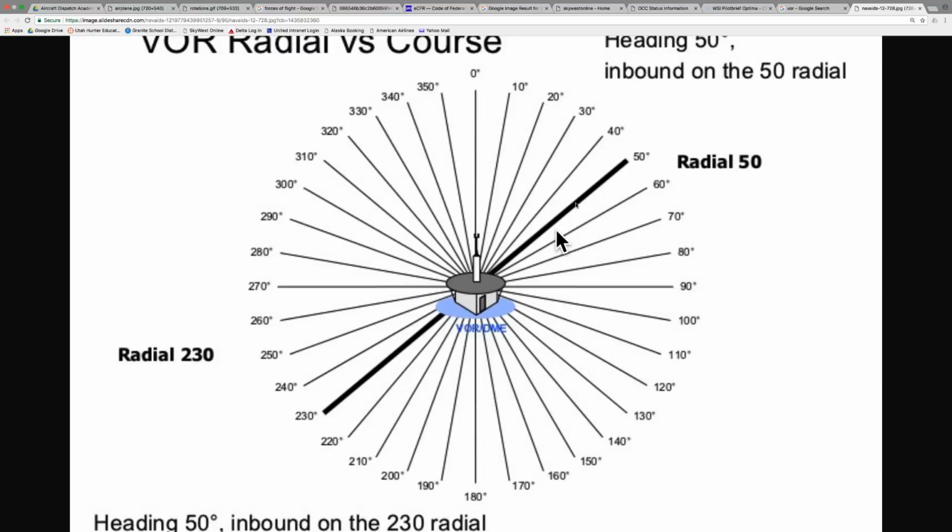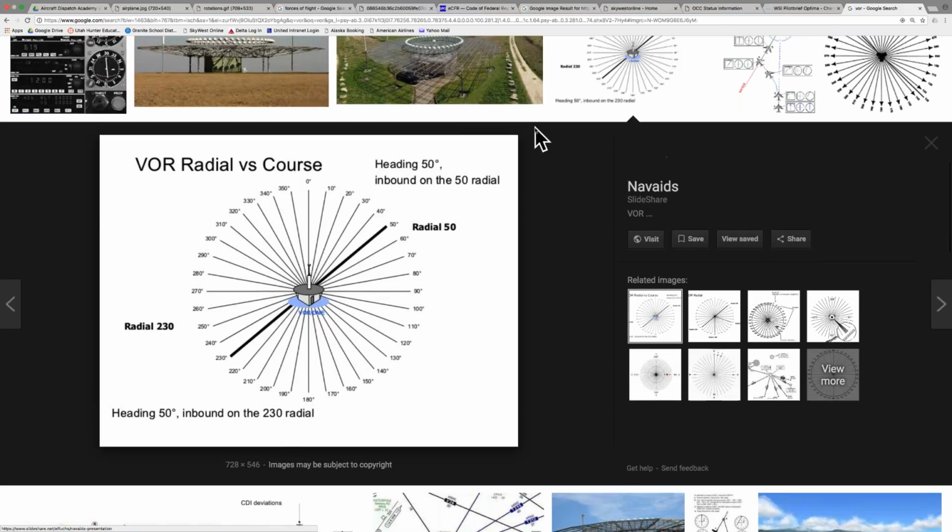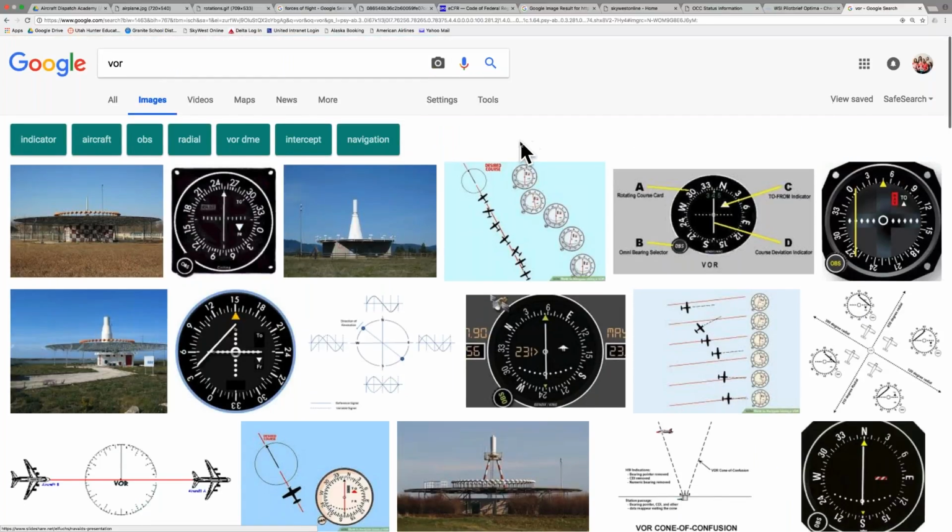Now with satellite navigation, we've got GPS, we've got GNSS, we've got RNP procedures, we've got RNAV procedures. And what all of those do is basically use a satellite rather than a ground station.